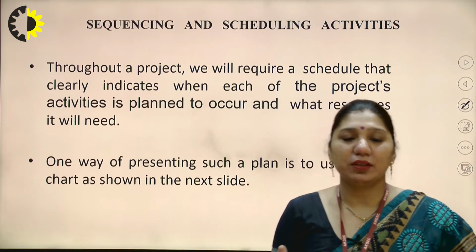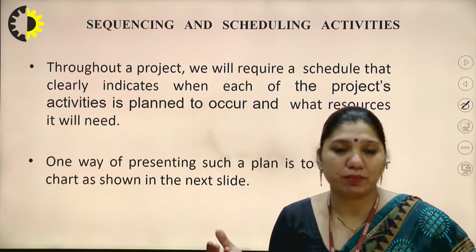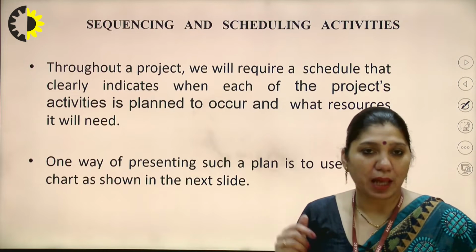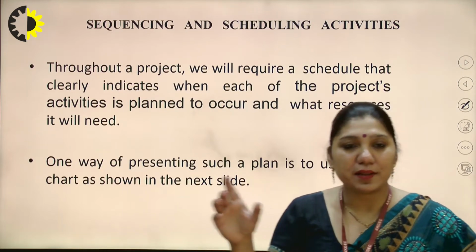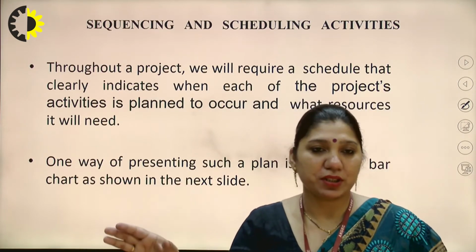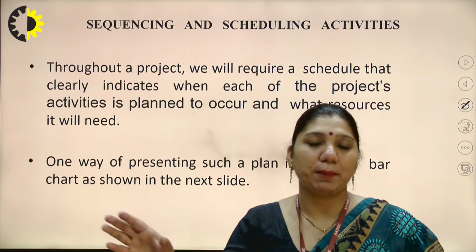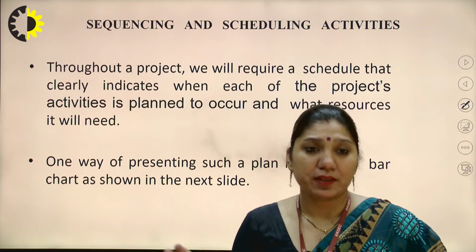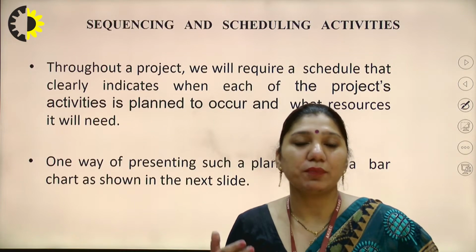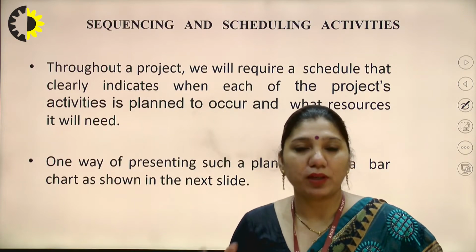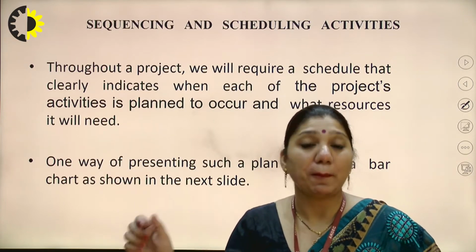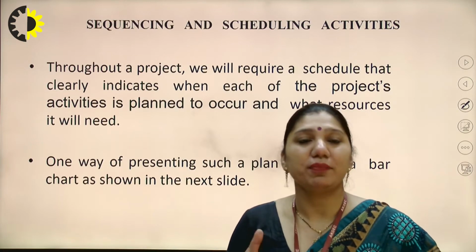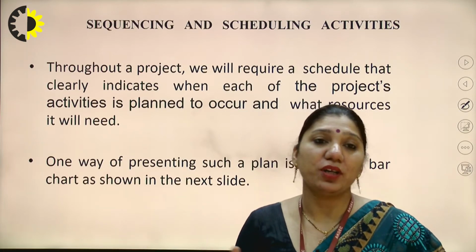For example, you have seen in many places that flyover construction is happening, and the duration is mentioned there, that this flyover will be completed in 1 year or 5 years. How do people come to know this? It is only on the basis of sequencing and scheduling.